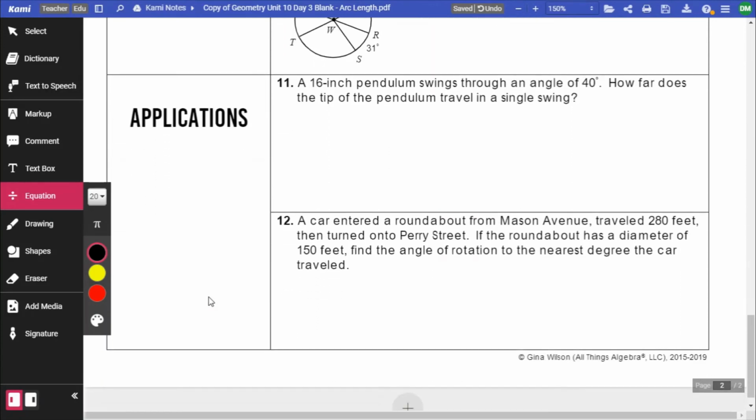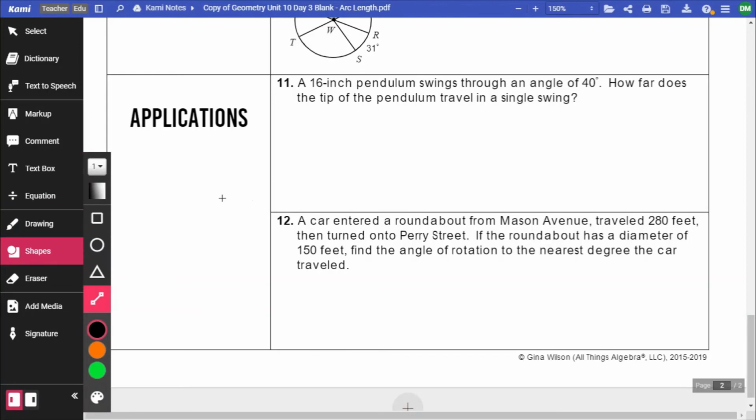Okay, so on number 11 here, we've got a 16-inch pendulum swings through an angle of 40 degrees. And we want to know how far does the tip of the pendulum travel in a single swing. So what we need to do is we need to draw a picture. So what we're going to have here is, let's see.